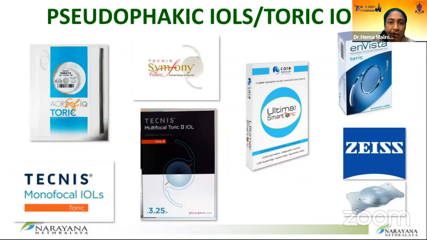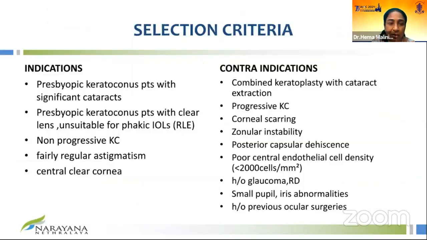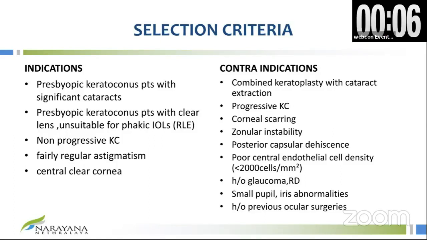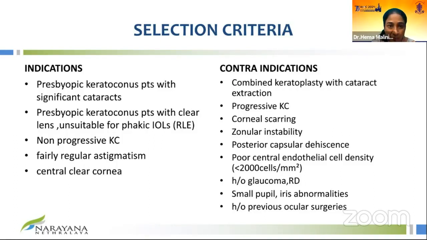The next section of the topic is IOLs used in keratoconus. When it comes to selection criteria, indications would be all those patients with presbyopia and keratoconus and significant cataracts, and also those category of patients who are presbyopic but with clear lens but unsuitable for ICLs and non-progressive keratoconus.